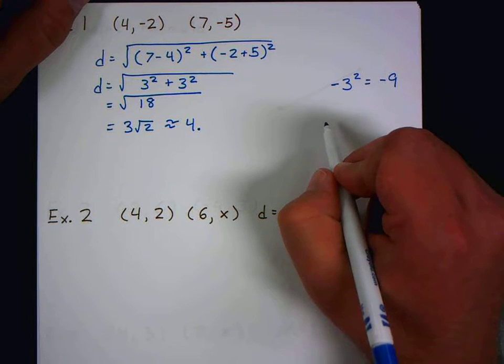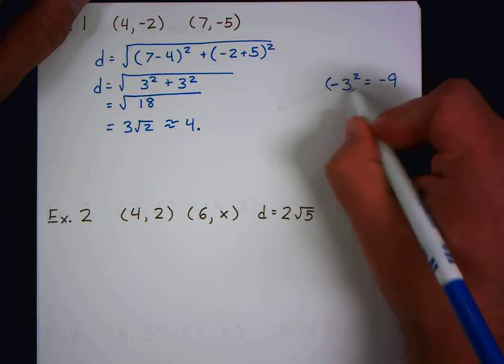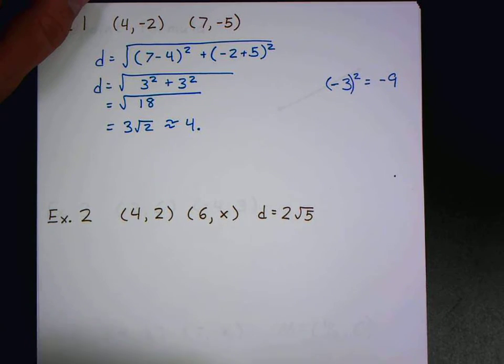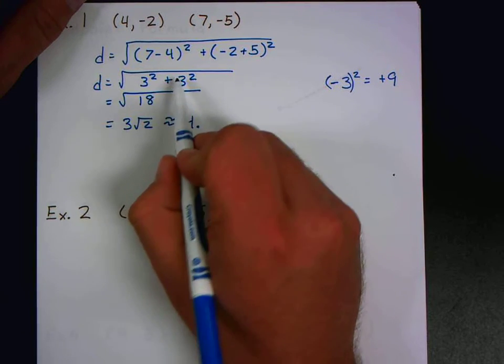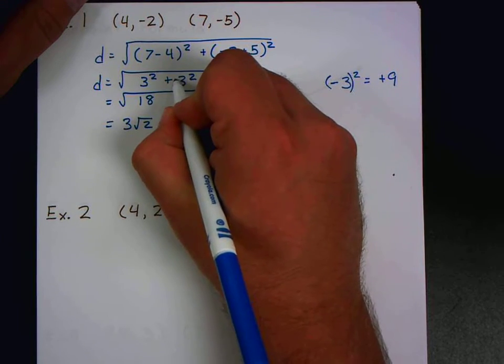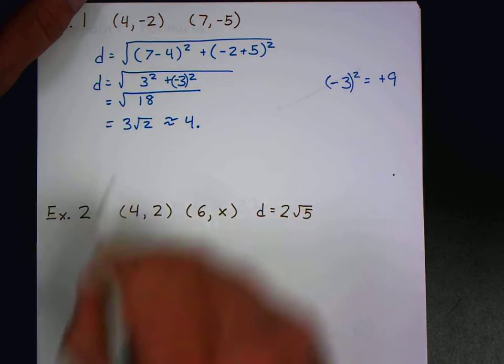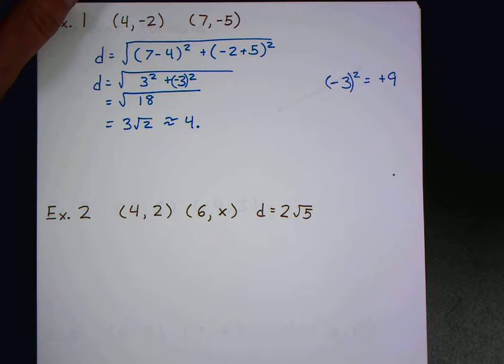It sees that as taking negative 1 times 3. If you want to actually take negative 3 squared, you have to do it like that. Then it will give you positive 9. So just be aware of that and be careful of that, because every year I see mistakes where someone gets negative 3 here and then they give me 0 for a distance. So just be careful of that.